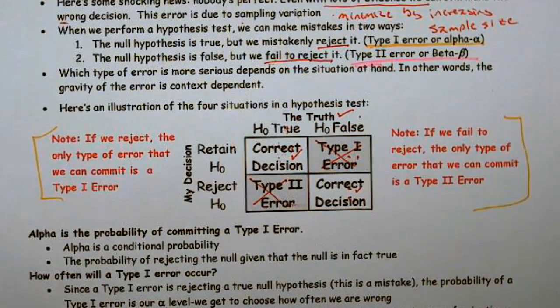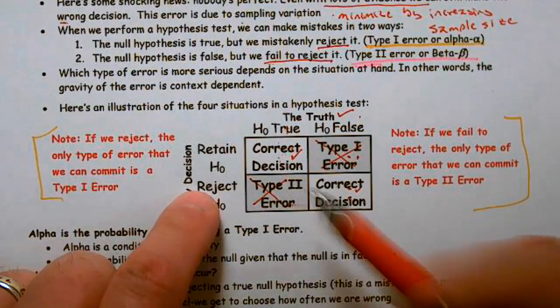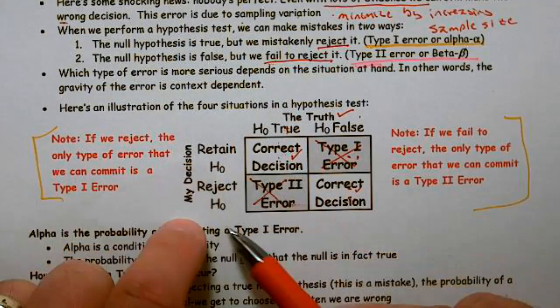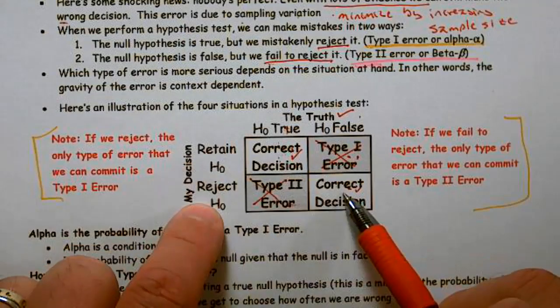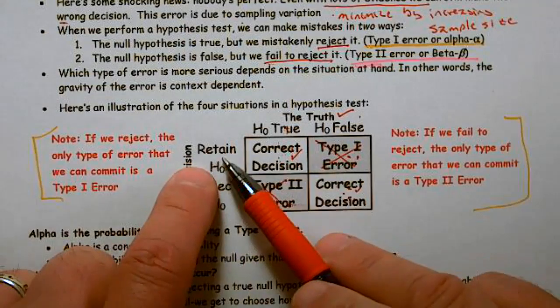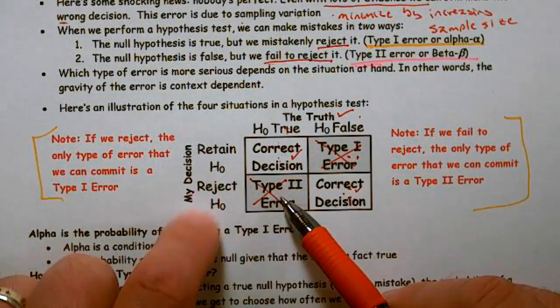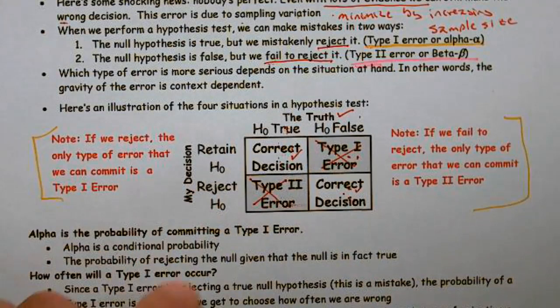And once again, we could have made correct decisions. Here we failed to reject, that was a correct decision. Here we rejected, and that was a correct decision. But you can also fail to reject and it be a mistake, and you can reject and it be a mistake. Okay.